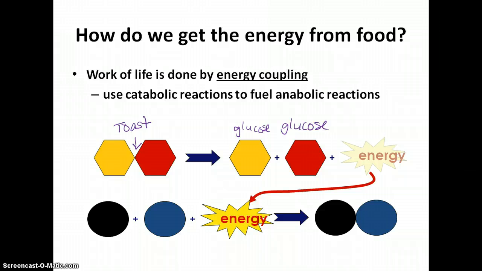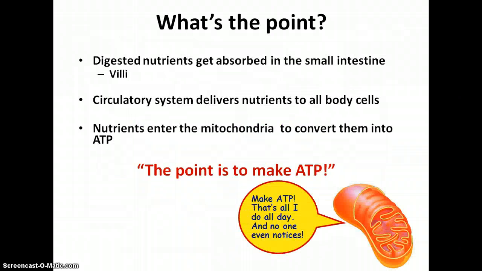And we're going to use that energy from glucose in order to power something else in our body, say, take these 2 molecules and put them together to make a protein that's now in your arm, like a muscle fiber. So we use energy from food to power other processes in our body. It's called energy coupling, and that's how we do the things we need to do inside our cells.